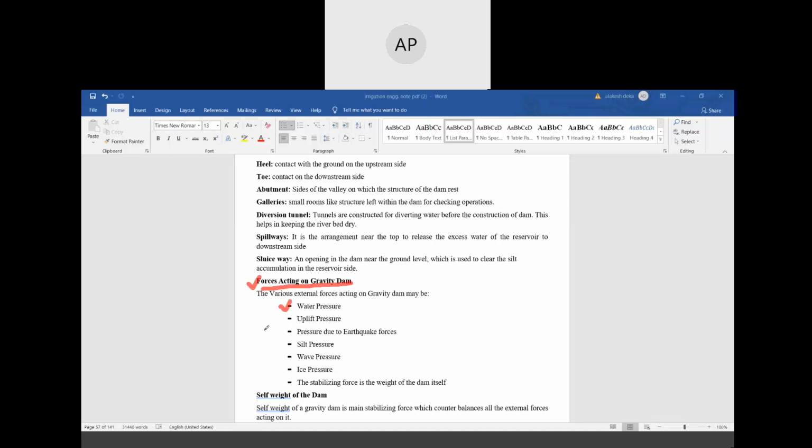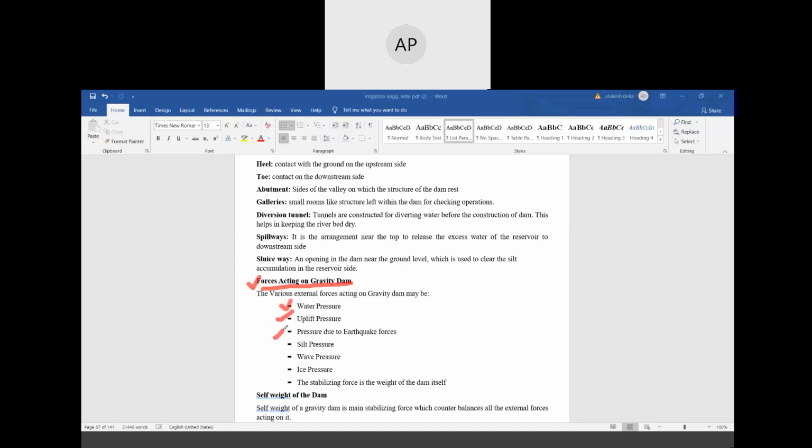Water pressure will act, isn't it? Dams are constructed across rivers and it is a hydraulic structure, so water pressure is definitely a factor, isn't it? Next is uplift pressure.